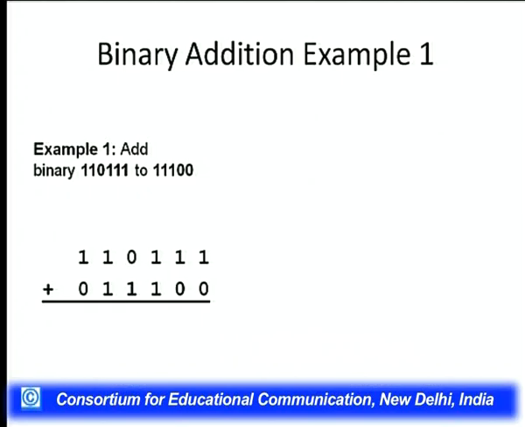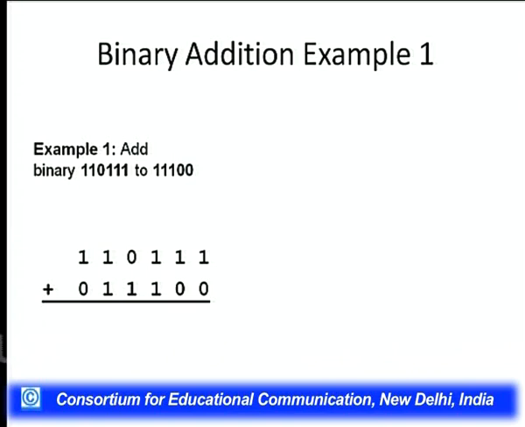So if we see here, this is a very simple example of adding two binary numbers. You add two binary numbers, 110111 and the other number 011100. Now when you are trying to add these numbers, it is quite simple. You add 1 and 0, so the answer will be 1.